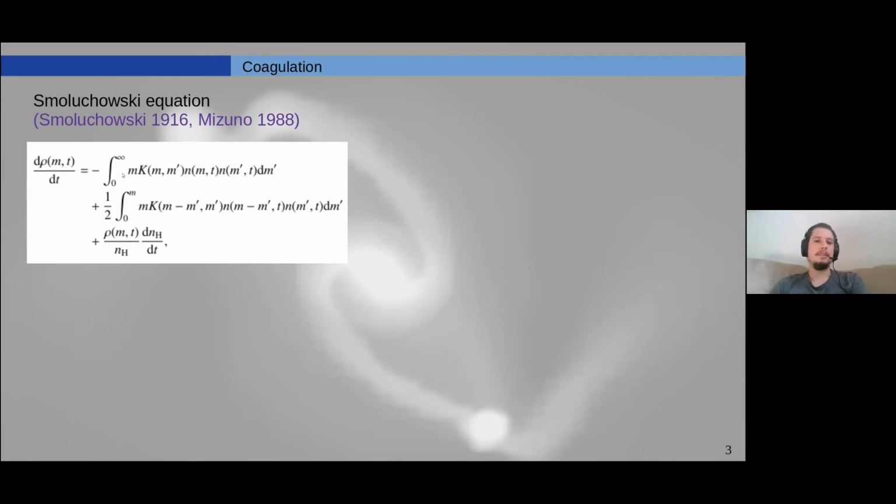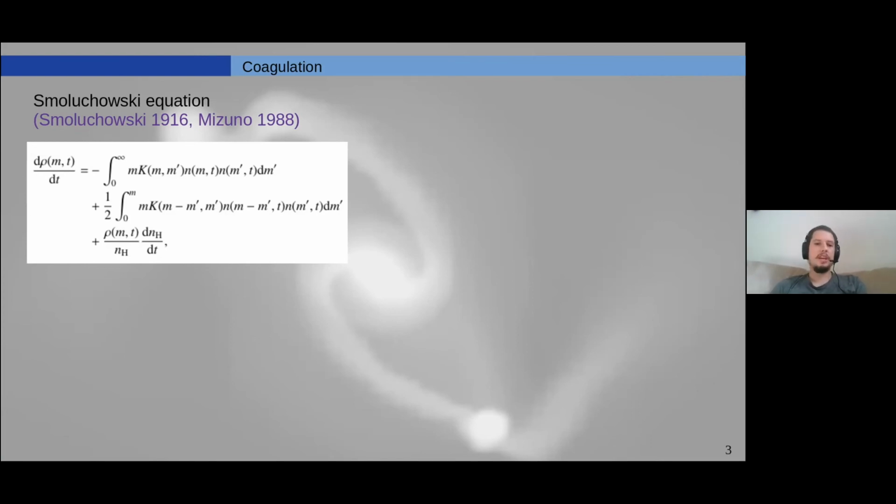It depends on this function k, the kernel, which represents the collision rate between the grains. So it's complicated to do that for every cell at every time step in your simulation.